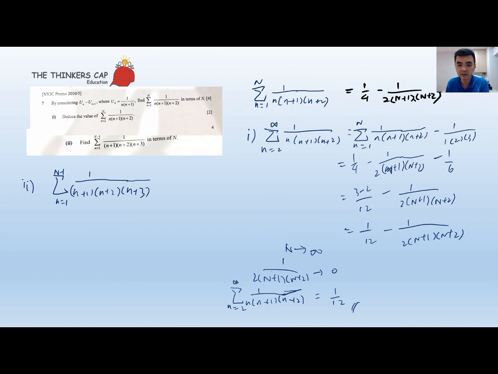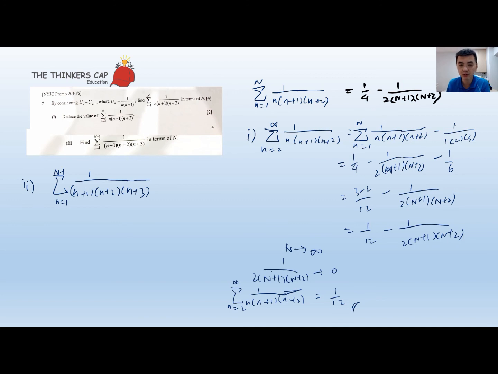If you take an observation about this series and the series that we have found earlier, the term formula seems to have a slight difference. So my n now becomes n plus 1, n plus 1 now becomes n plus 2, and n plus 2 now becomes n plus 3.